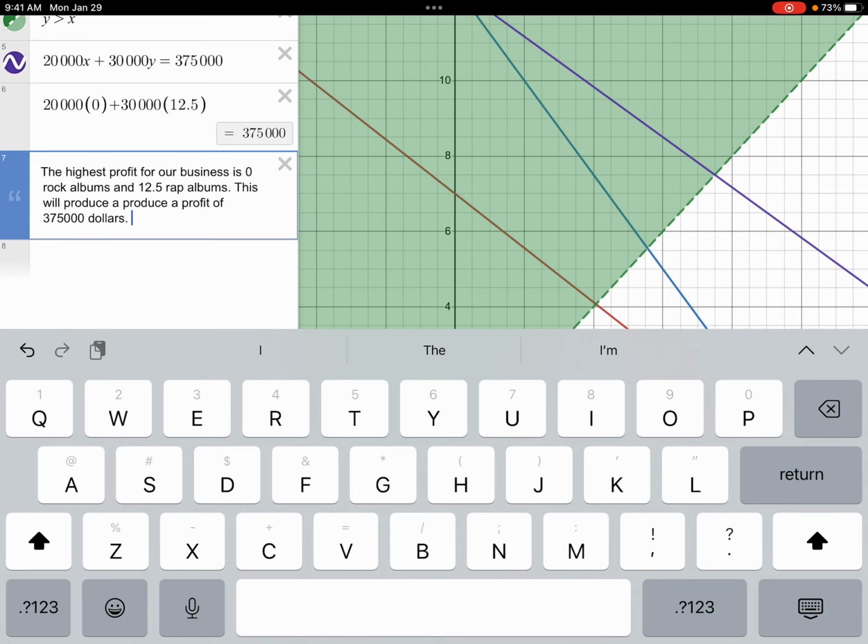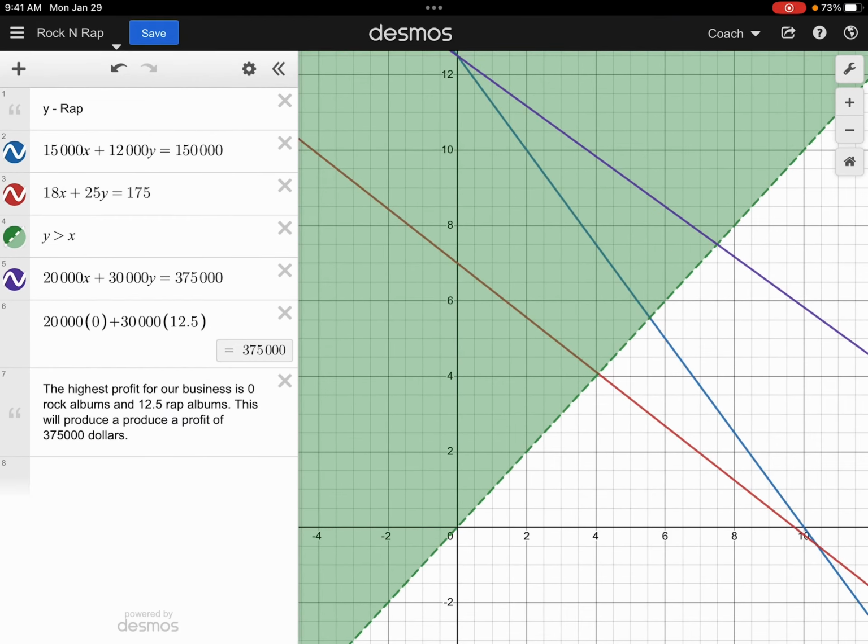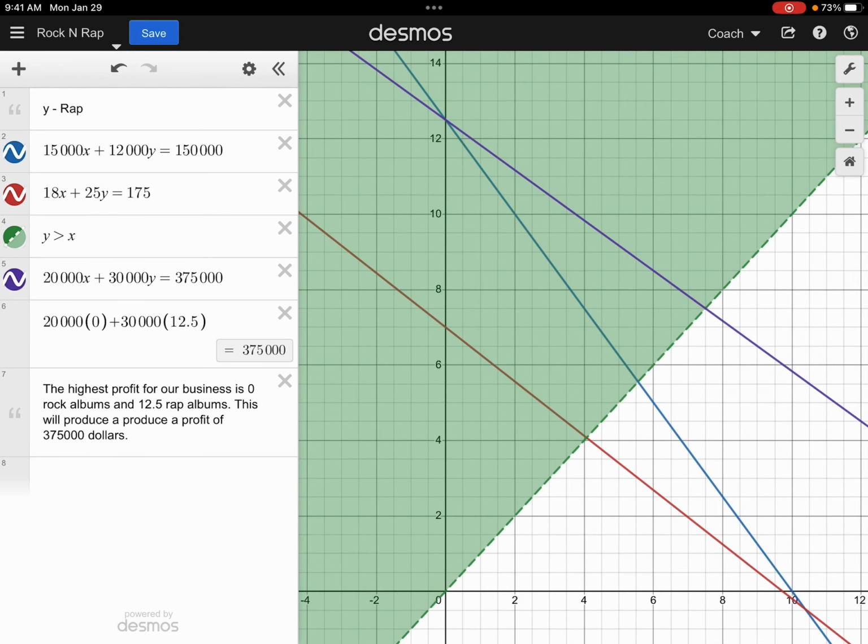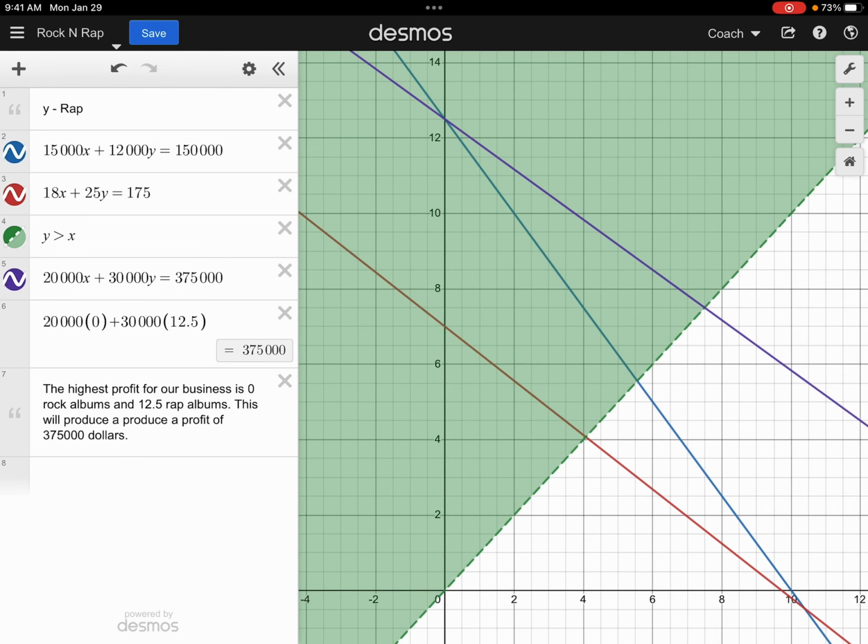Now, if we wanted to take it a step further, there might be some other restrictions if you have another type of problem. For example, 12 and a half rap albums. Well, we can't really sell half a rap album, can we? We can't. So I might need to go in and think about, okay, I might have to look at the top of this region and only look at the points that we could make, right?